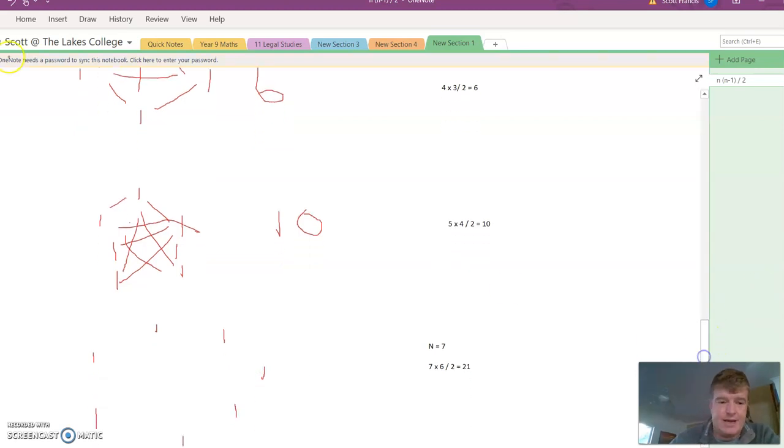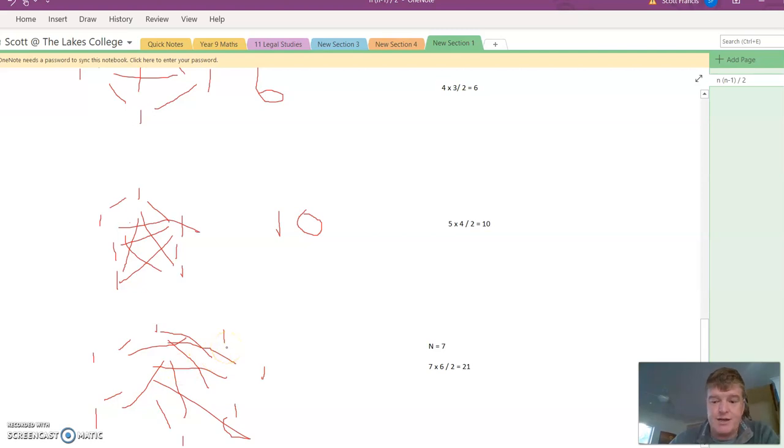Okay, so the first person is going to have to take 7 handshakes. 1, 2, 3, 4, 6 handshakes. So the first person's shaking hands with 6 people. Second person's already had 1 handshake, so they're going to have to shake hands with the next 5. 2, 3, 4, 5. So we've had a 6 and a 5, which is 11.